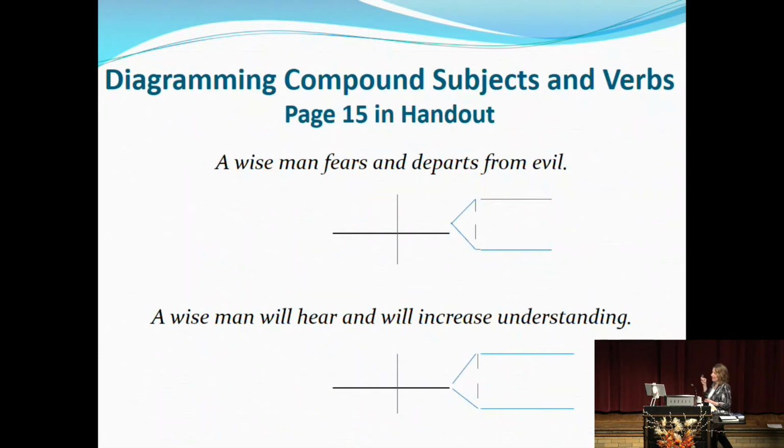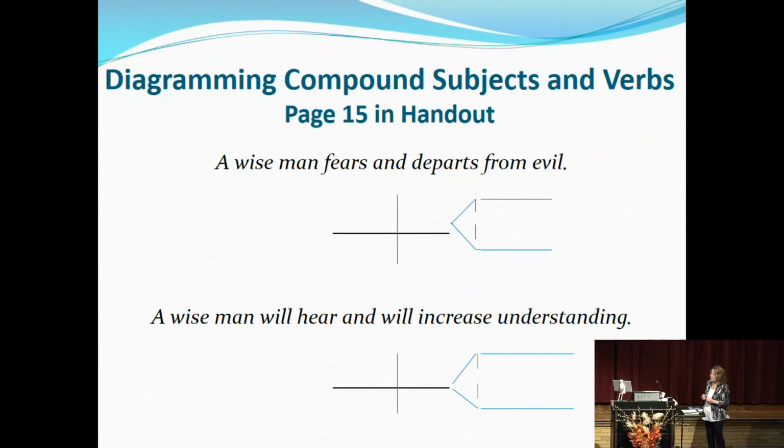And this is from your handout. It's on page 15. I don't know if you want to go in there and check that out. But a wise man fears and departs from evil. So I'm going to go through the process, and I'm going to find my verb first. And what do I find? What's my verb in this? I have compound verbs.